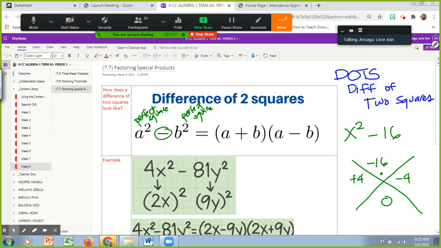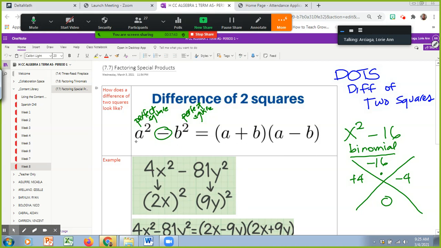But you don't want to do the x method all the time for a simple problem like this, right? It's only a binomial. So if it's a binomial, all you need to do is check whether each term is a perfect square, and if it is, you can actually answer it in your head already.